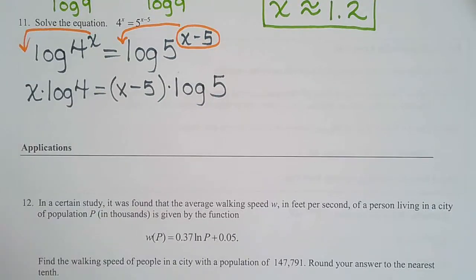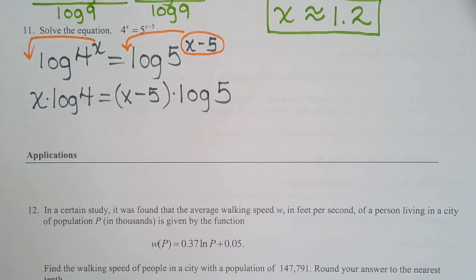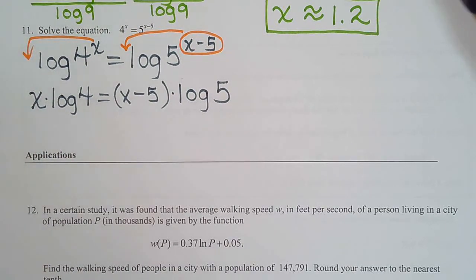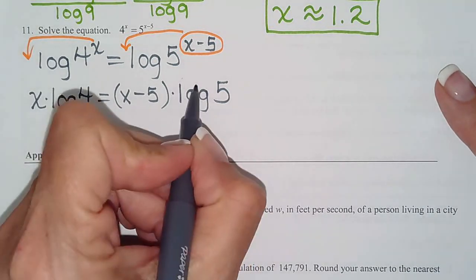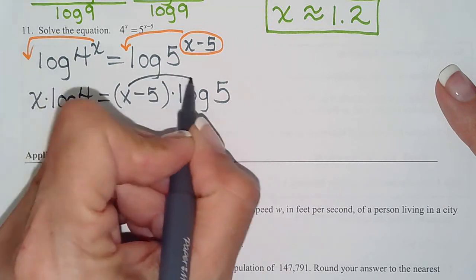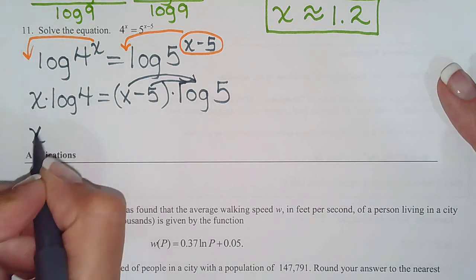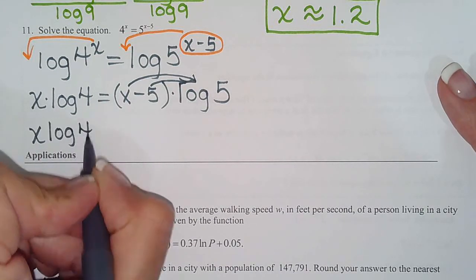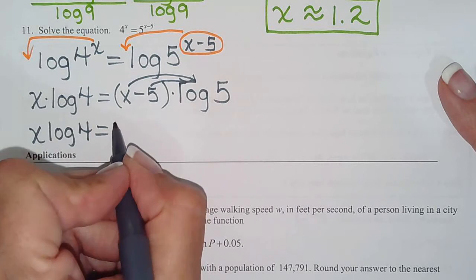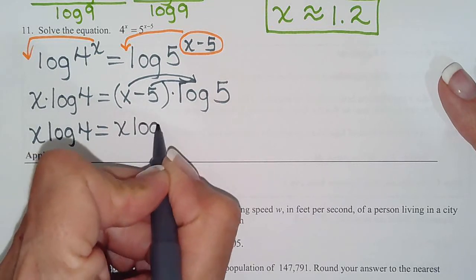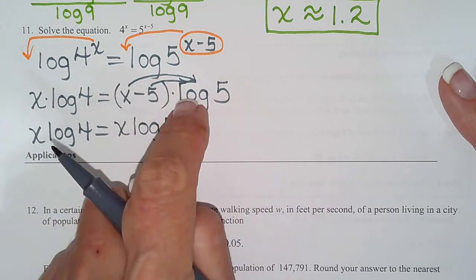This one's so confusing for students, but like I said, you see it all over the place in the next class, so you definitely want to make sure you practice on these, because then by the time you see it the second time, you're like, oh yeah, I remember those, or I just need a little refresher and then I'll remember it. So when you have these parentheses, you want to distribute both of these to the log. So this turns into x log of 4 equals x times log of 5, which would be x log of 5 minus 5 log of 5.